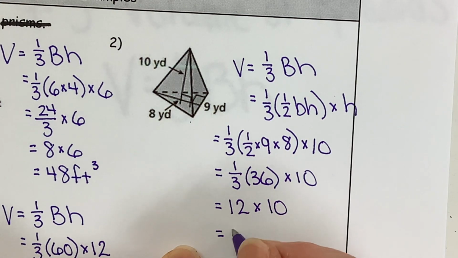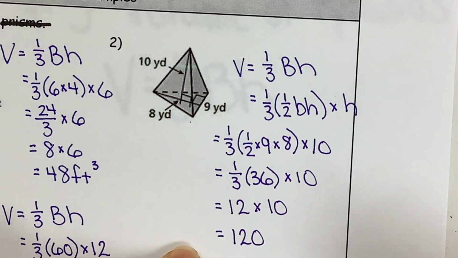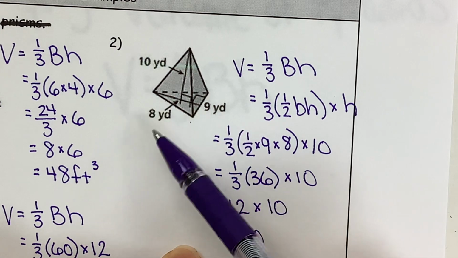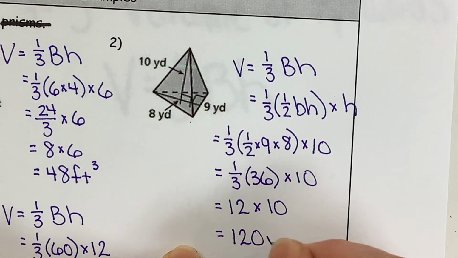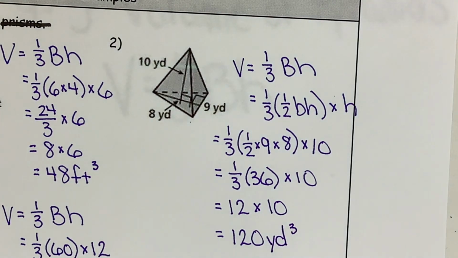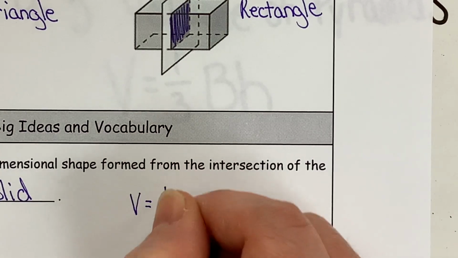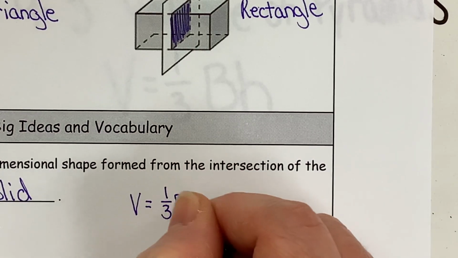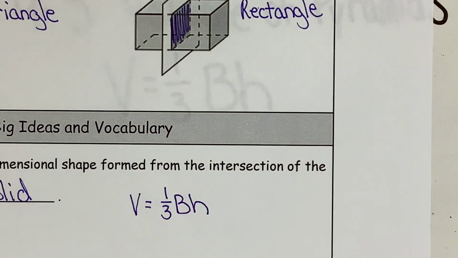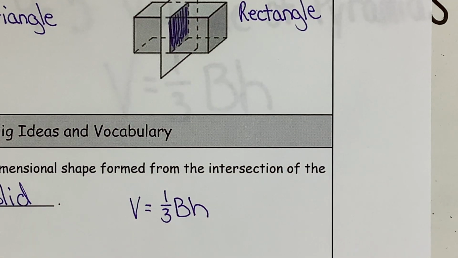And then I'm really just adding on a 0 because of powers of 10. These are yards, so yards cubed because we found the volume. Okay, so make sure you've written down that volume equals 1/3 the area of the base times the height. The reason is because it comes to a point we don't have that other base on the top.